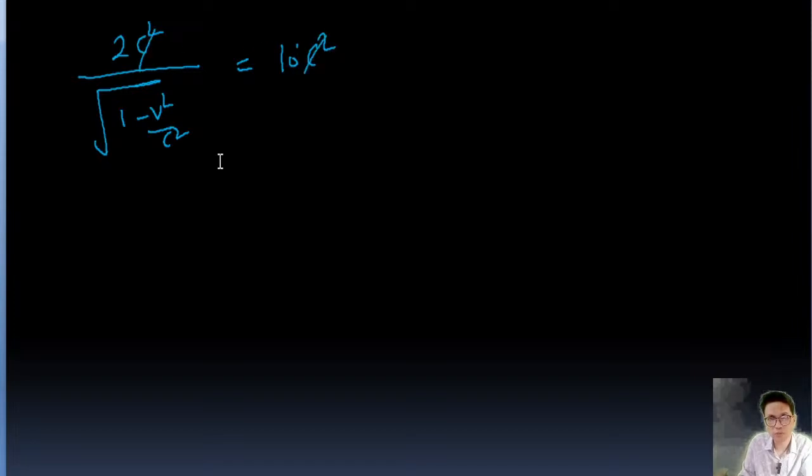The c square gets cancelled. So 2 by 10, which is 1 by 5, is equal to root 1 minus v square upon c square, where v is the velocity of the particle and antiparticle.